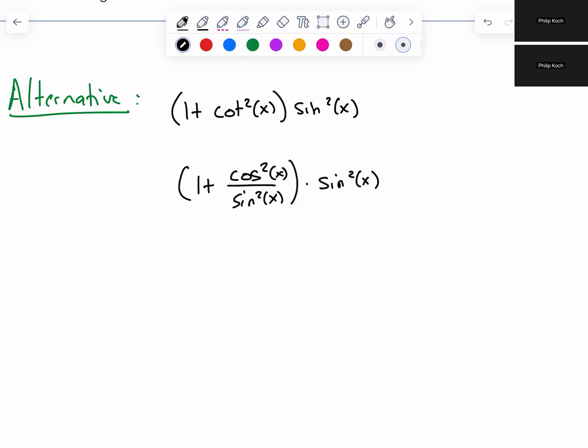Remember, if all else fails, if you're feeling overwhelmed, try to convert it to sines and cosines. It might work, it might not, but at the end of the day it's worth a shot. Some work is better than no work at all, right? That's a reciprocal identity, or do we call it a reciprocal or quotient identity? Either way, quotient identity.